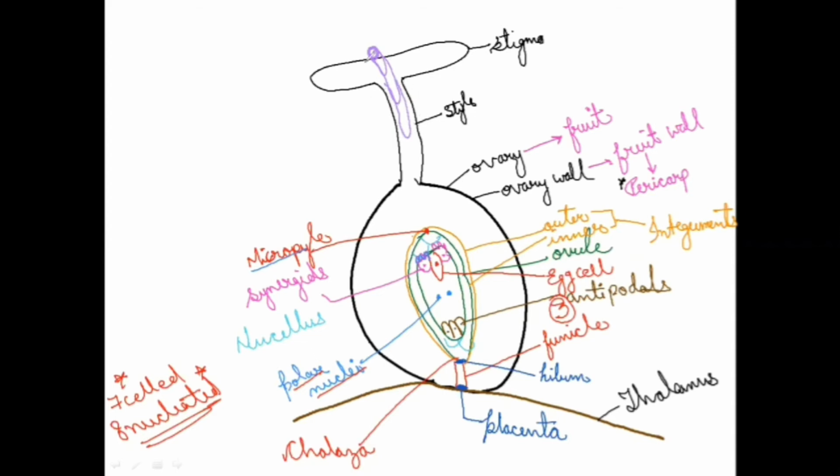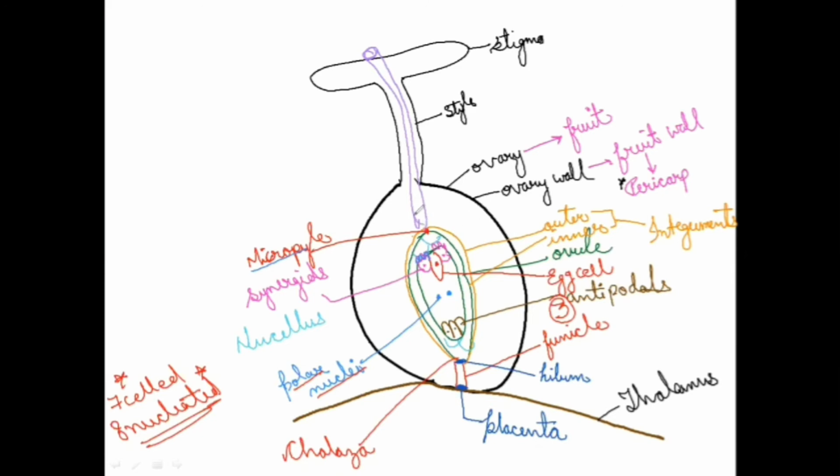So I'll now draw the completely grown pollen tube, right? So this was the pollen grain and it had this pollen tube form like this. Clear?